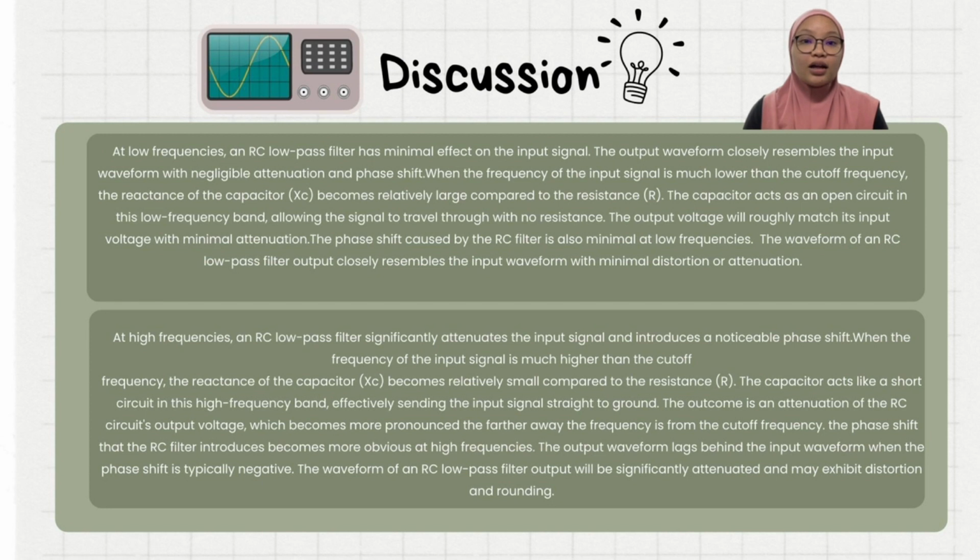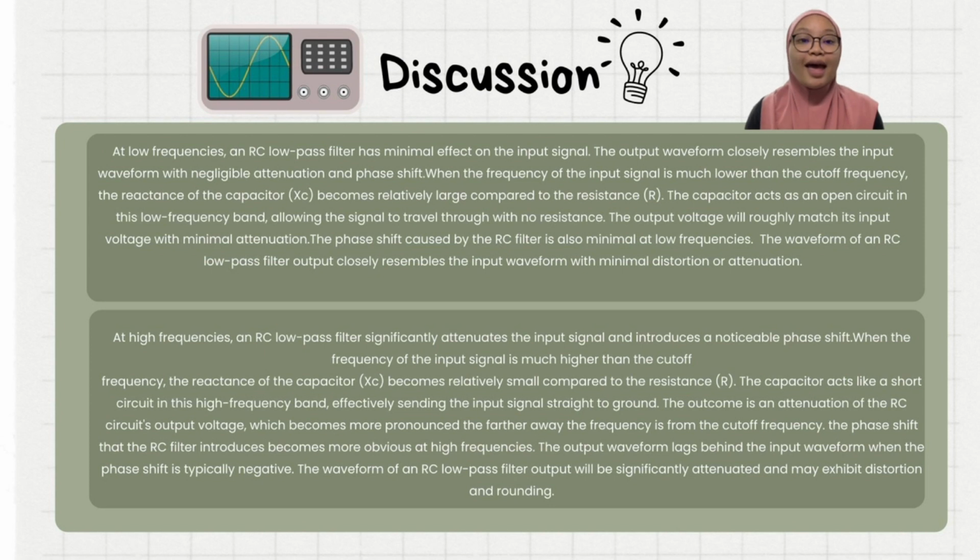For high frequencies, an RC low-pass filter significantly attenuates the input signal and introduces a noticeable phase shift. When the frequency of the input signal is much higher than the cutoff frequency, the reactance of the capacitor becomes relatively small compared to the resistance.